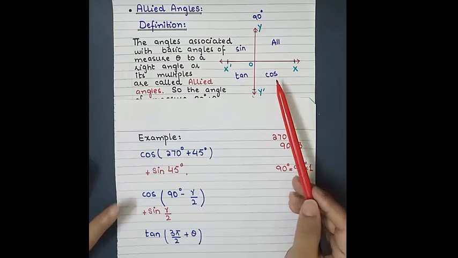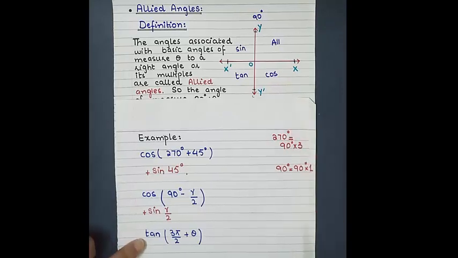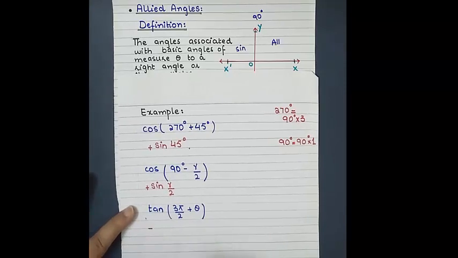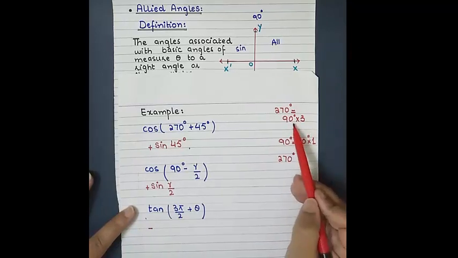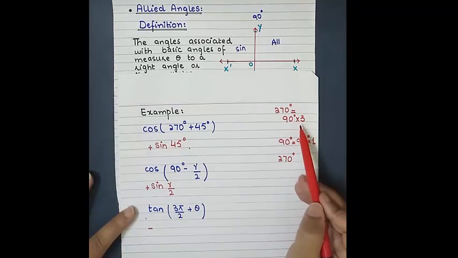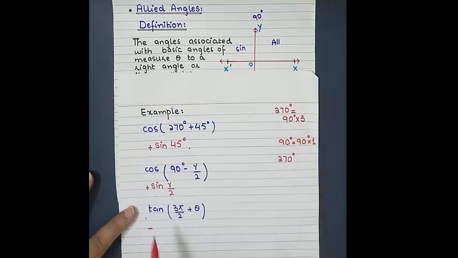In the fourth quadrant, the value of tan is negative. So first write a negative sign here. And then we have 3 pi by 2, which is equal to 270. 270 is an odd multiple of 90 degrees. So tan will change into its co-ratio, which is cot of angle theta.